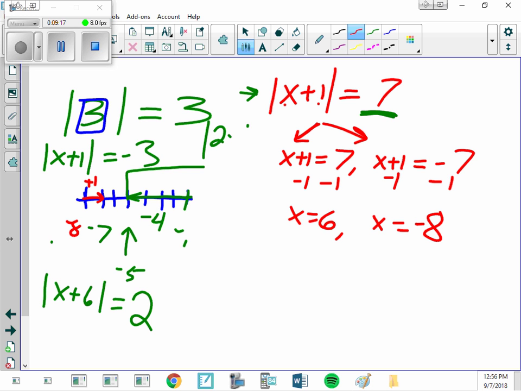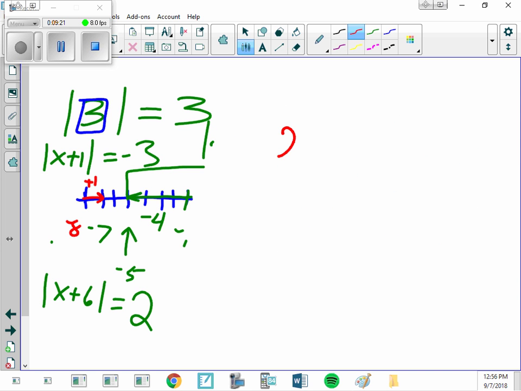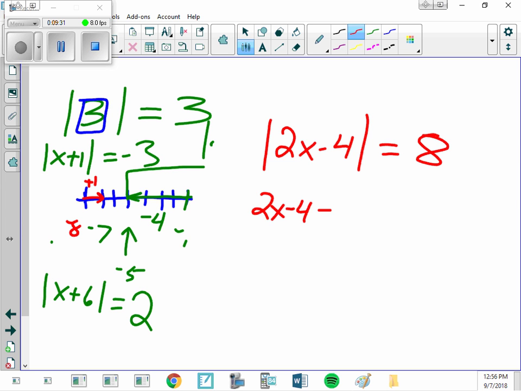Okay. Well, let's do that one that was a little bit harder. I had 2x minus 4, take the absolute value, equals 8. So I split this. 2x minus 4 equals 8, and 2x minus 4 equals negative 8. Then I just solve each one.